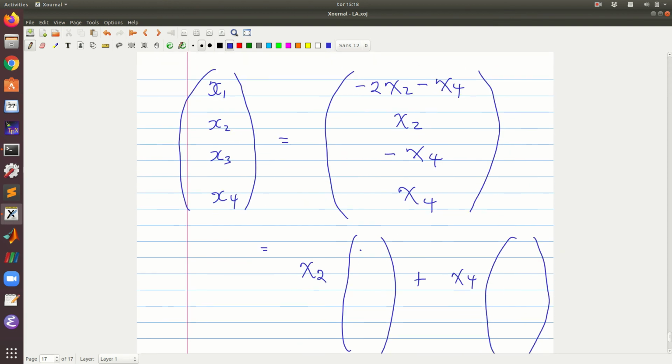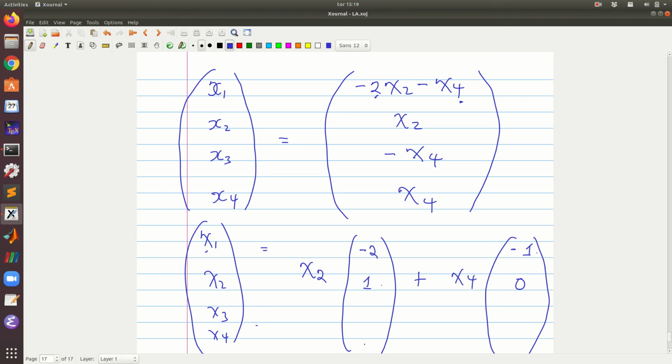So what's the coefficient? Remember we have x1, x2, x3 and x4. So the coefficient of x2 here is negative 2 for x1, and the coefficient for x4 is negative 1 for x1. Then x2 is x2, the coefficient is 1, and then it is 0.